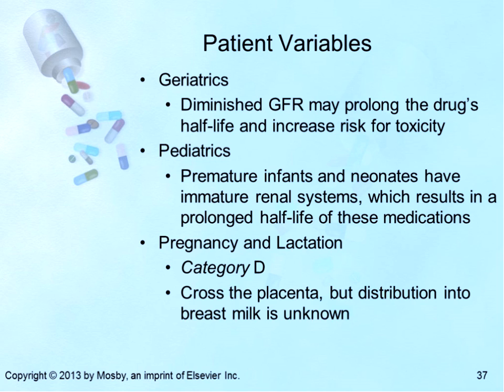In pregnancy and lactation, gentamicin, tobramycin, and amikacin are considered category C. However, neomycin, streptomycin, and kanamycin are considered category D, not to be used. The aminoglycosides do cross the placenta, but the distribution to breast milk is unknown.